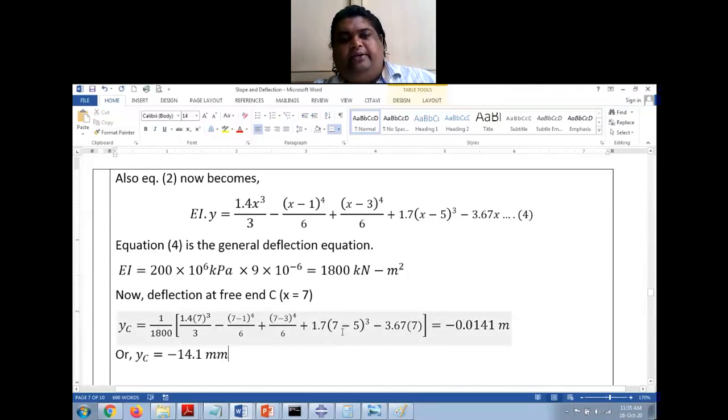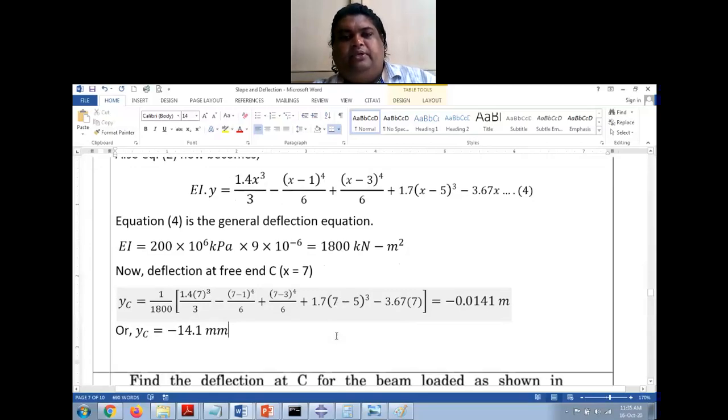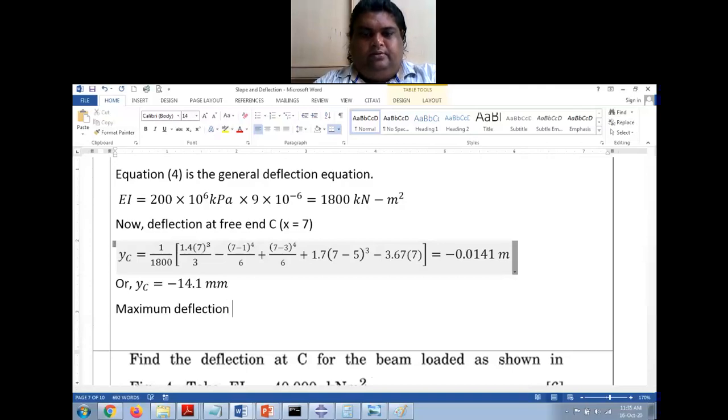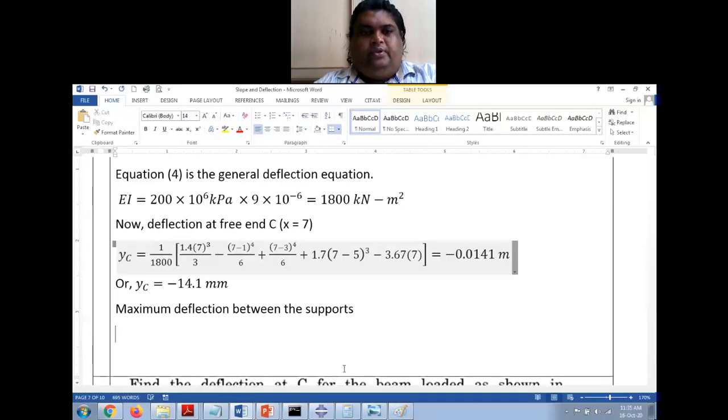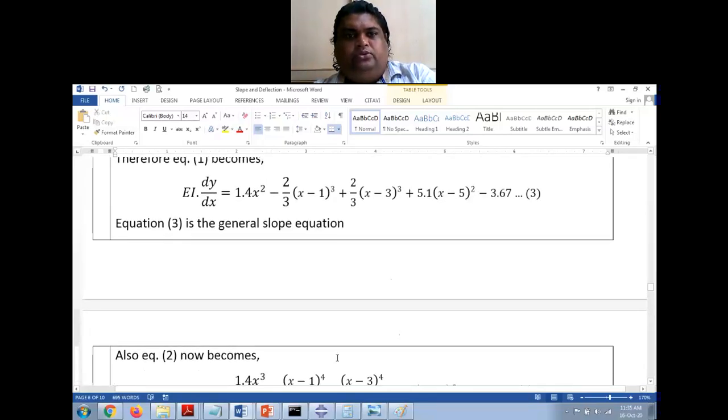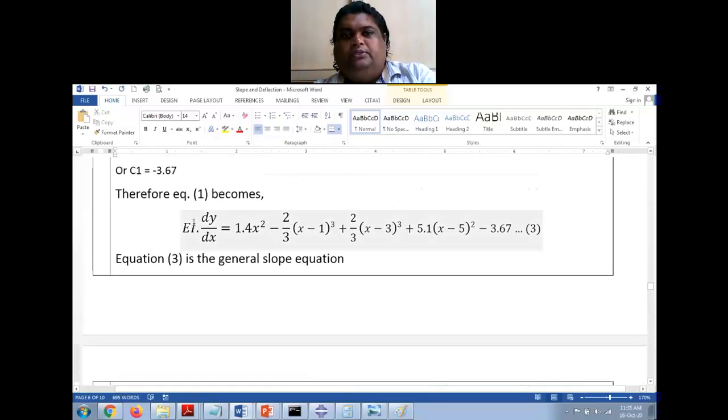Now in order to find the deflection between the supports, I have to use this general slope equation, and the slope at maximum deflection will be 0.